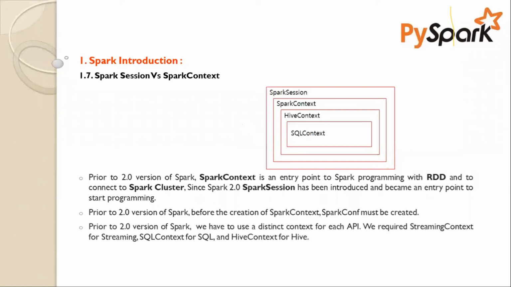Prior to the 2.0 version of Spark, we had to use a distinct context for each API, as discussed in the diagram. For a streaming application, we had to create a Spark streaming context. For batch-oriented work, we had to create a Spark SQL context. And if we work with Hive, we have to create a Hive context. So individually we had to create them when using Spark 1.x.